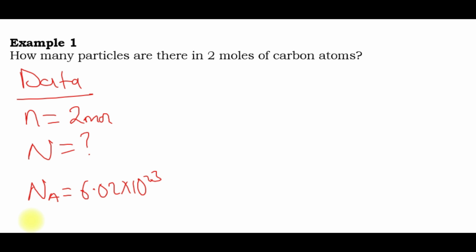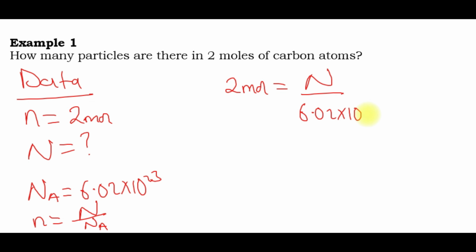What is the formula? Number of moles is equal to number of particles over the Avogadro's number. So we're going to say 2 moles is equal to N, number of particles, over 6.02 by 10 to the power 23 atoms per mole.